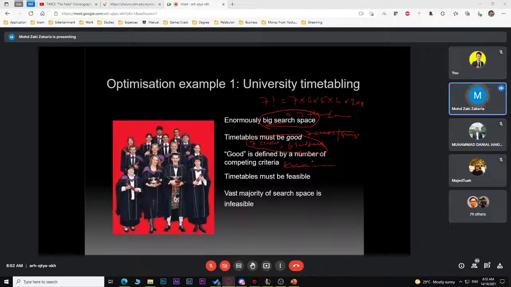And then each timetable that we produce has different quality. Different quality means maybe timetable number 1 clashes with another subject. Timetable number 2 clashes with another class, and so on. So if there is a clash, the quality drops. If not, it is good lah. That's why we need to evaluate for timetabling. The good quality means no clash. The timetable, no clash.